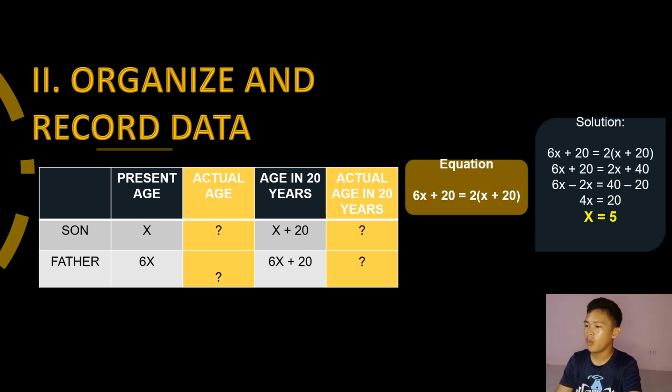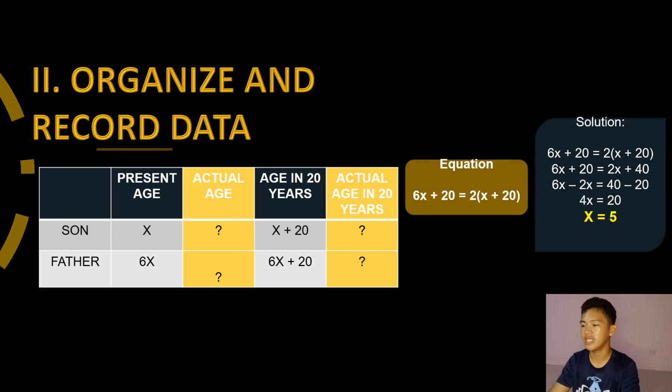So we are going to transpose the 2x to the other side. So 6x minus 2x is equal to 40 minus 20, because the 20 here we also transpose to the other side. So 6x minus 2x is 4x, is equal to 40 minus 20, which is 20.